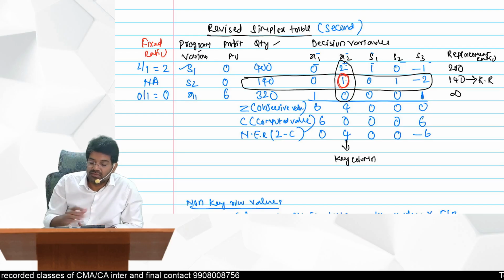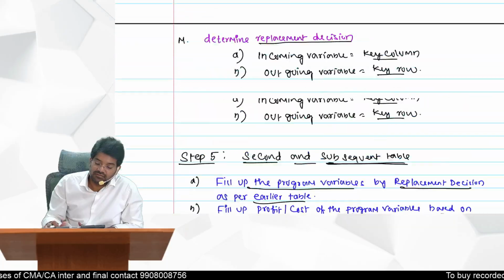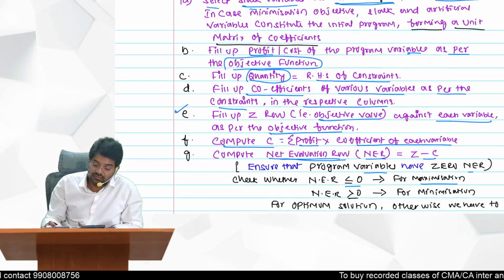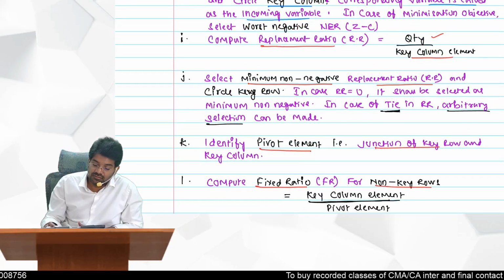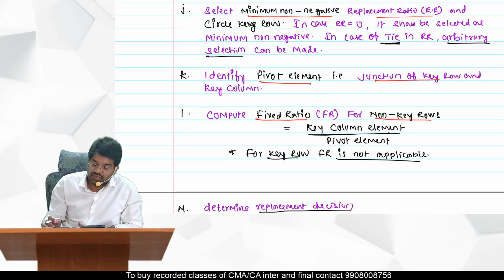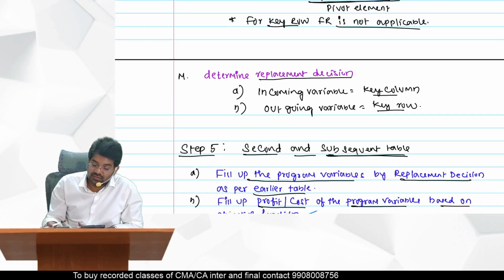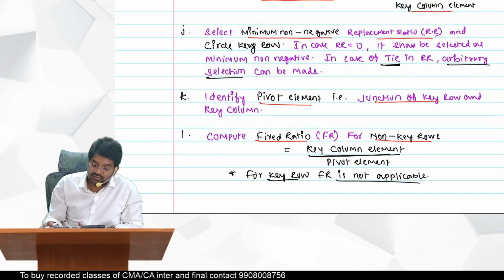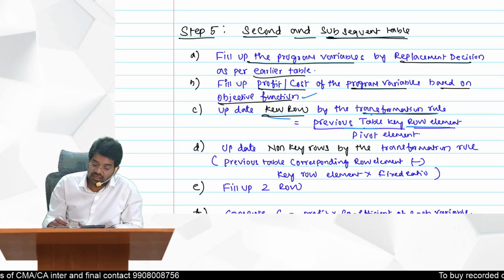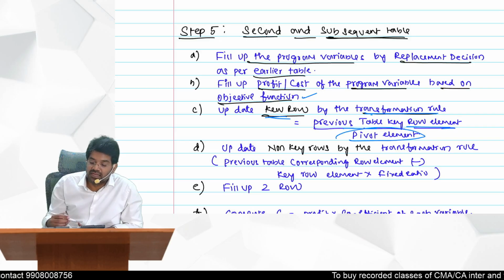We should divide it by the pivot element. The transformation rule is: previous table key row element divided by the pivot element.